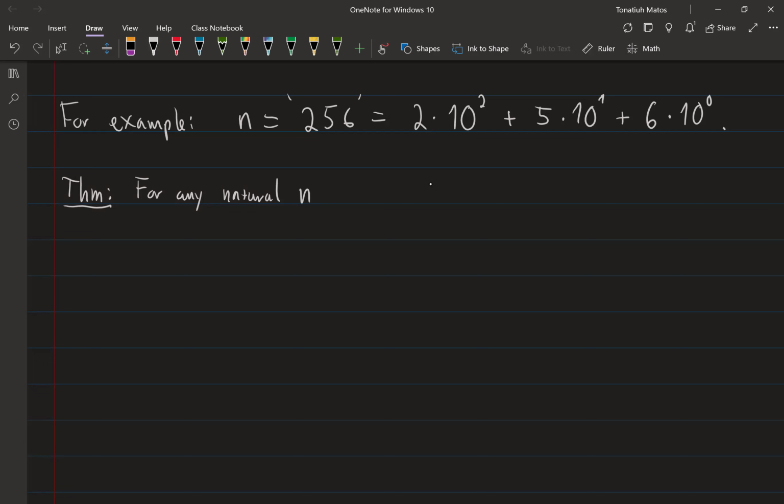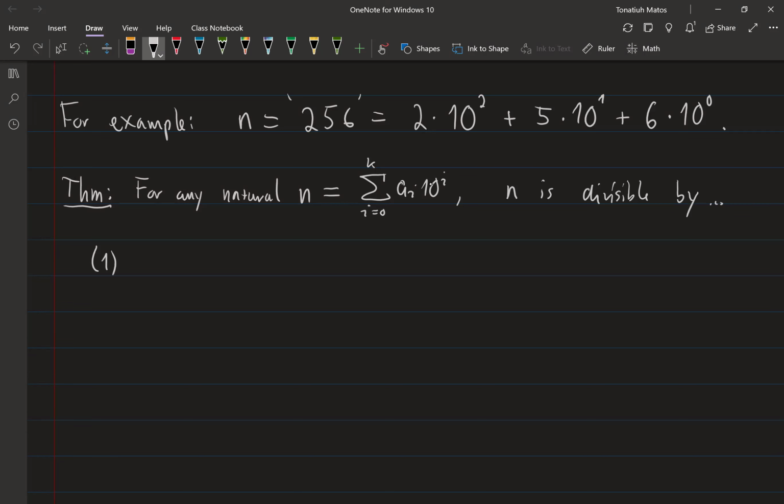Okay, so let's say that n, we already found its digits, so let's say that it can be written as the sum of a_i 10 to the i. n is divisible by, and then we're going to add a bunch of stuff here.